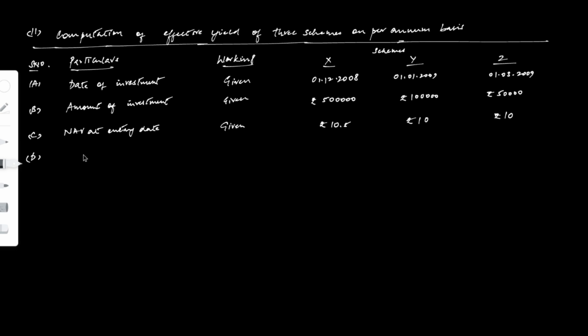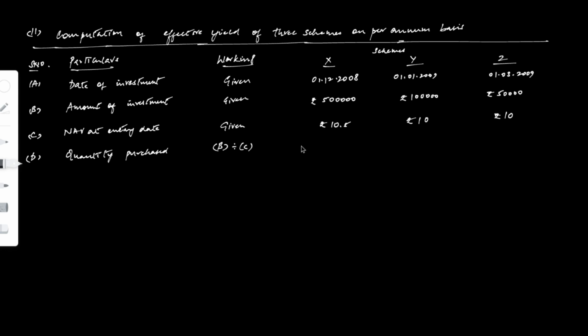This is D. What is quantity purchased? It is amount of investment by NAV at entry date, that is B by C. B divided by C.